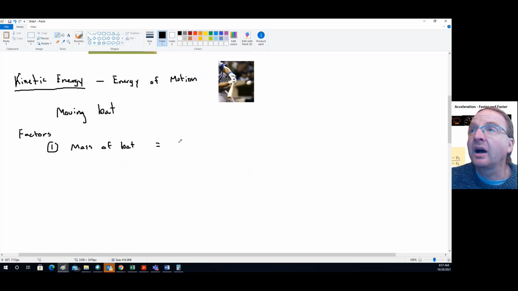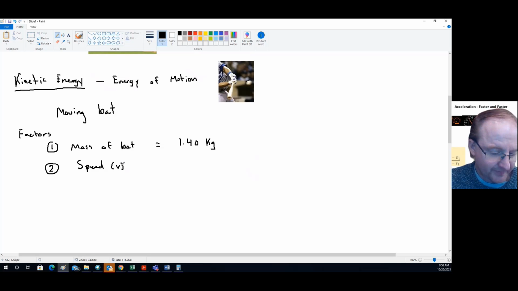Mass of the bat. This particular bat is 1.40. So to 3 decimal places, or to 3 significant digits, I should say. Kilograms, 1.40 kilograms. Always express mass in kilograms for the kinetic energy formula. And second, the kinetic energy, it's the energy of motion, so therefore speed, which we use v for.